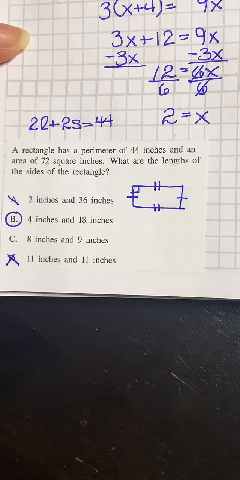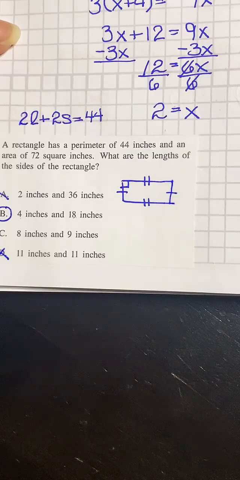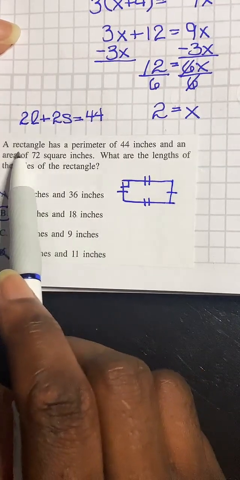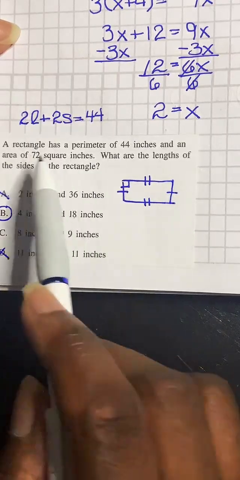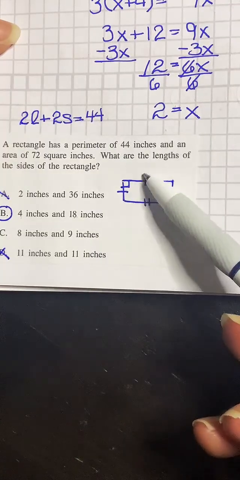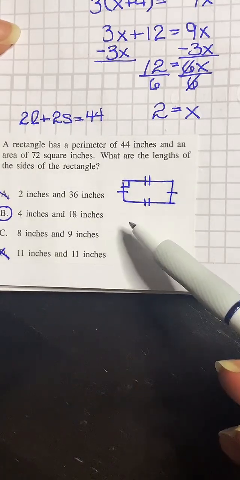All right. Can I go over it again? Are you just getting here? Probably. All right, so a rectangle has 2 long sides, 2 short sides. And they're saying that my perimeter is 44. Then the area is your length times your width.